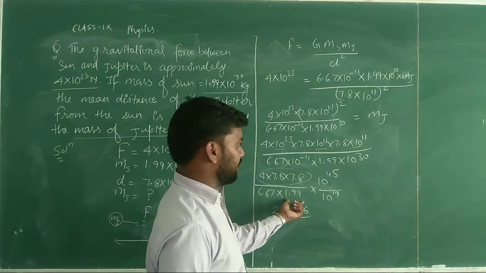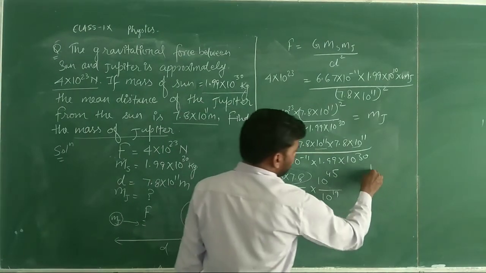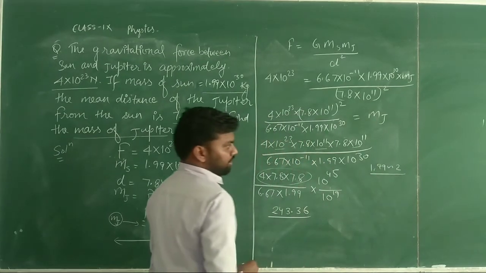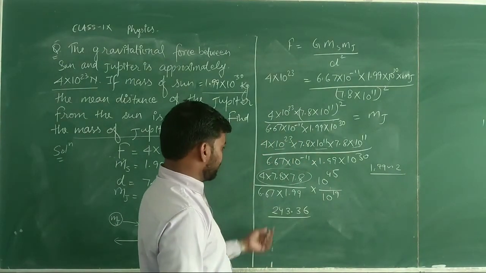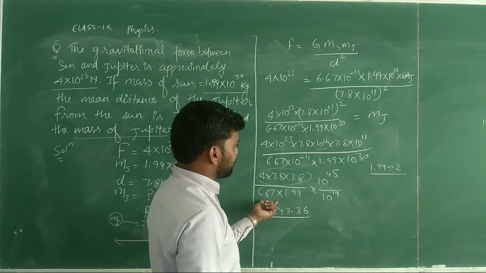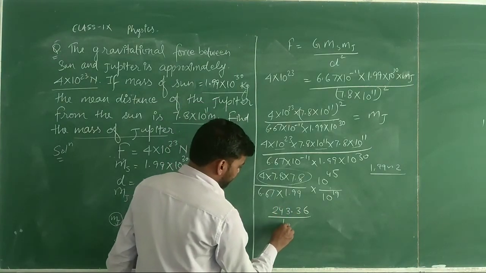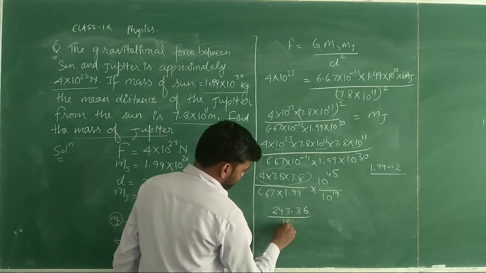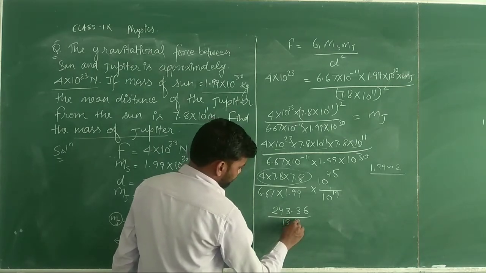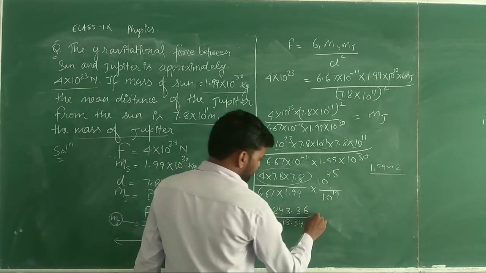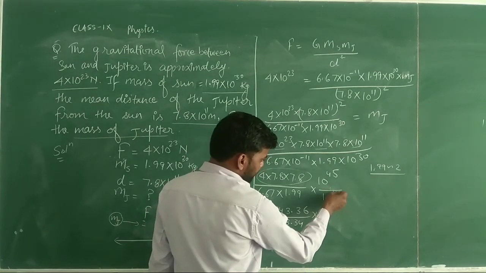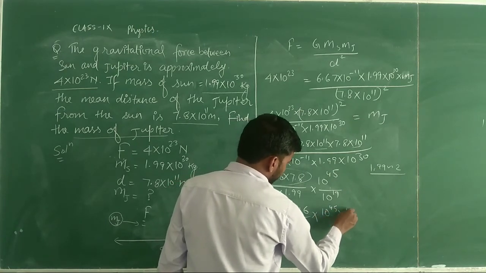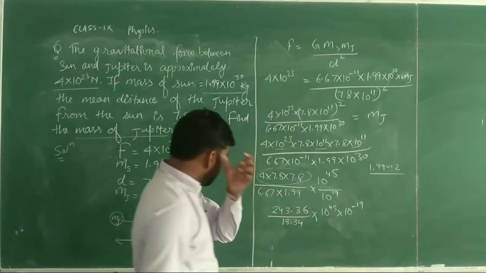We know that 1.99 is approximately equal to 2. So when we multiply 6.67 by 2, it will be 13.34. It is in the denominator, so it will come on the upper side: 10^45 multiplied by 10^-19.